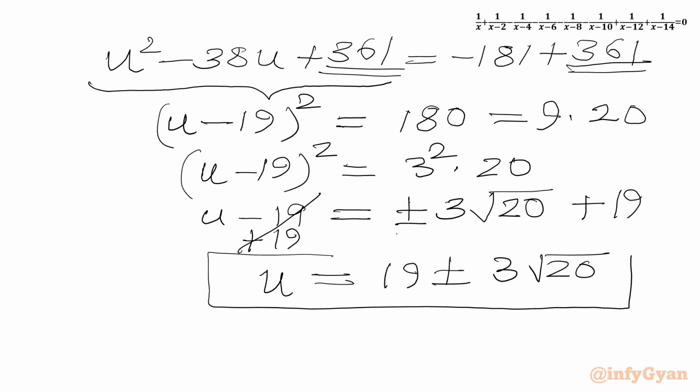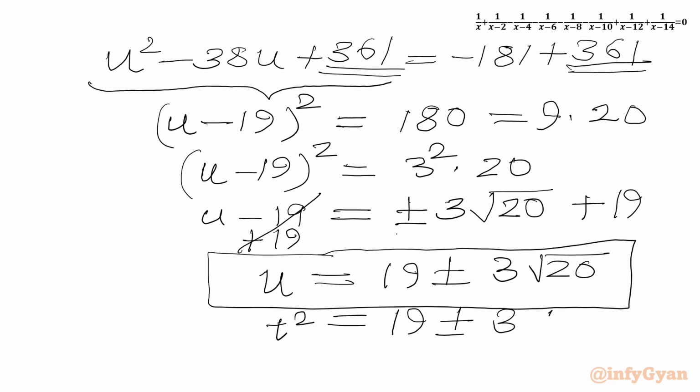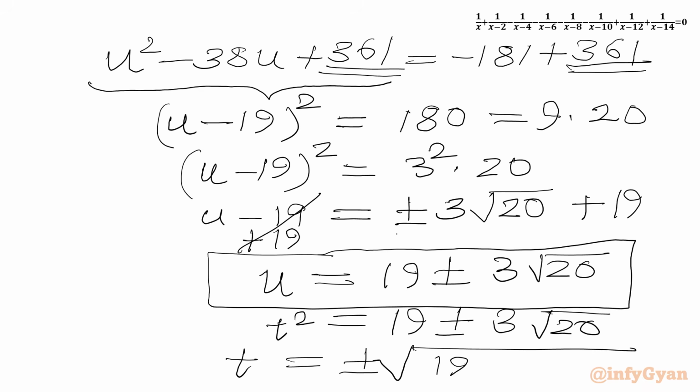Here we have value of u. And u is our substitution t square. So I can write here t square will be equal to 19 plus minus 3 square root 20. If I take square root both sides, I will be getting t value, which will be equal to plus minus square root of 19 plus minus 3 square root 20.